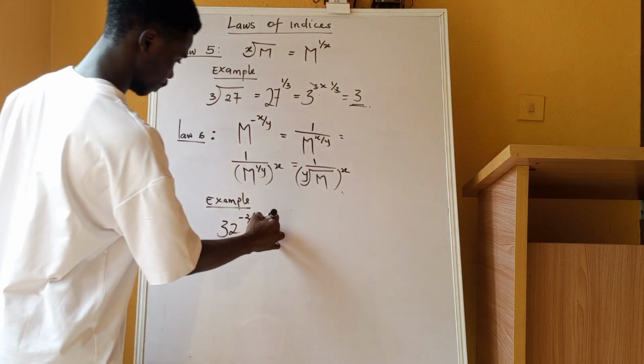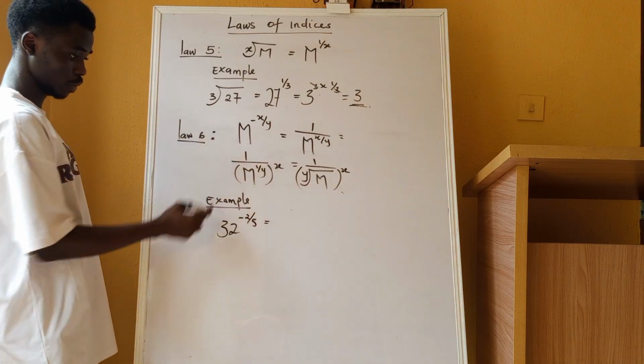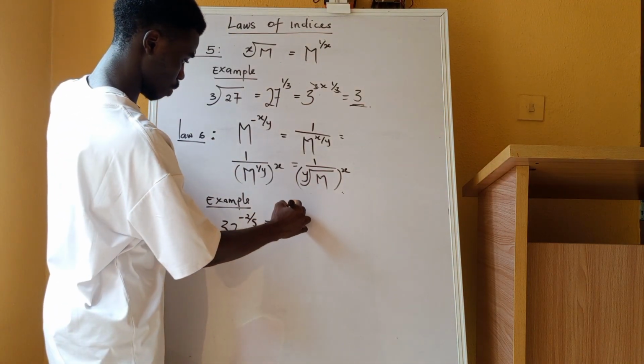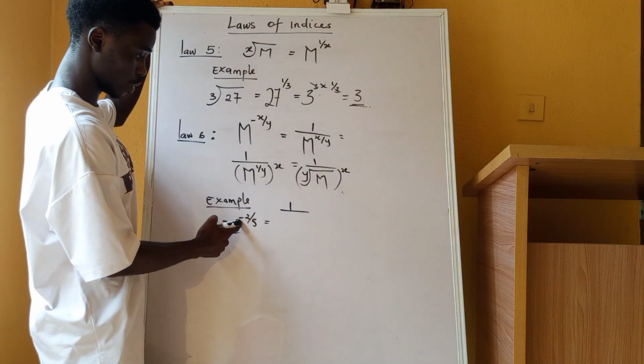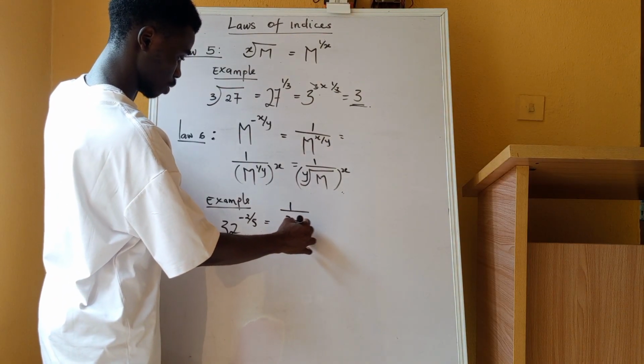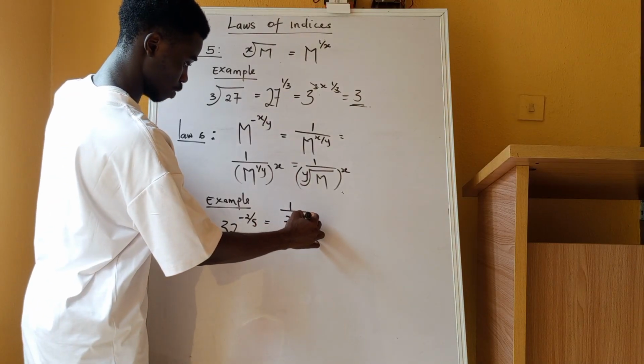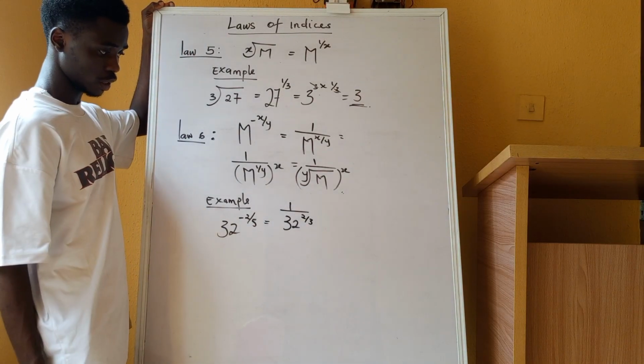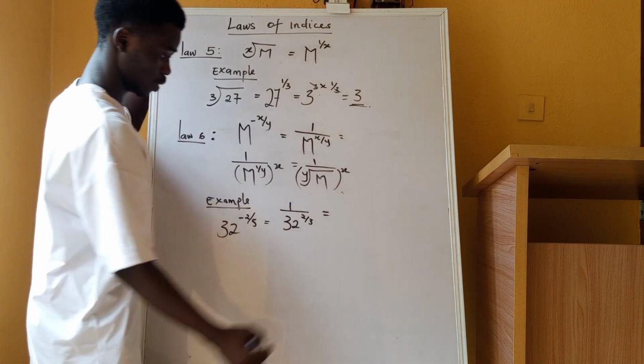What are you going to do? Let's apply the same principle here. So here is going to be 1 over, because negative means 1 over. 1 over 32 to the power of 2 over 5.